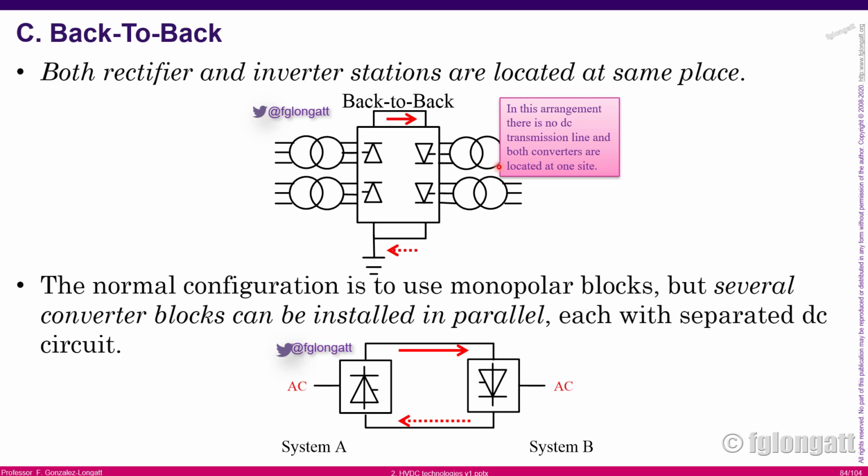It could be quite interesting, and back-to-back converters have many applications, okay? For HVDC systems it is basically when we have systems with different frequencies, but for PV systems and wind turbines, back-to-back converters are also quite useful, okay?